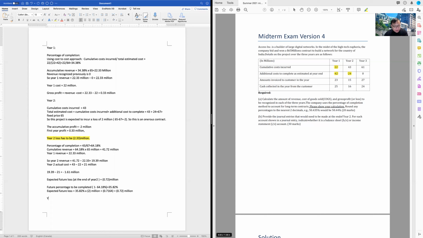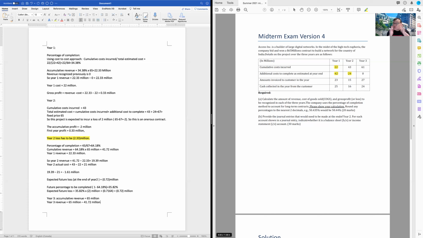Year 3 is the last year. The cumulative revenue recognized is 100%, which is 65 million. And then for year 3 revenue, you use the 65 million minus this number, 41.72 million.